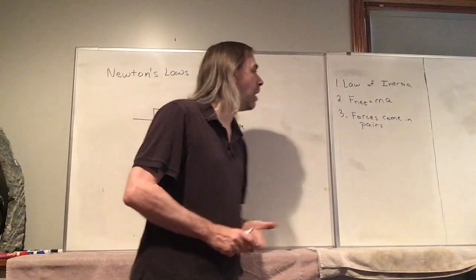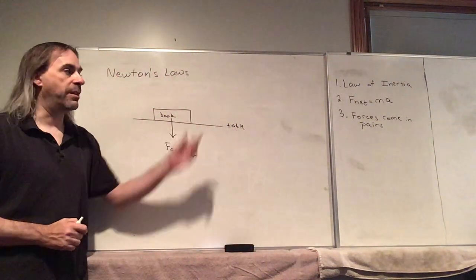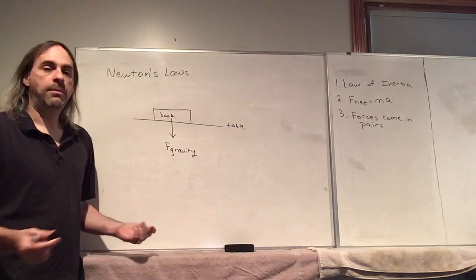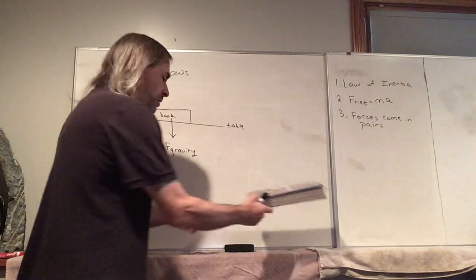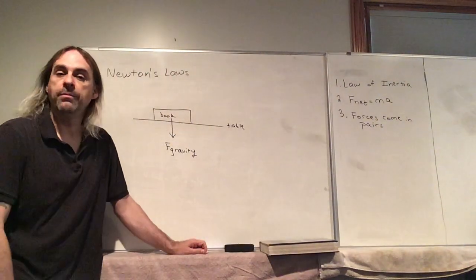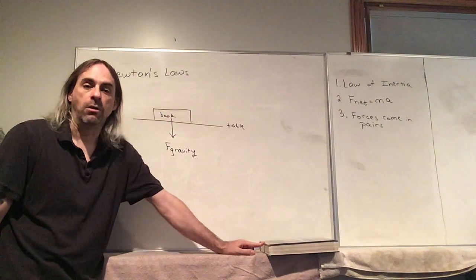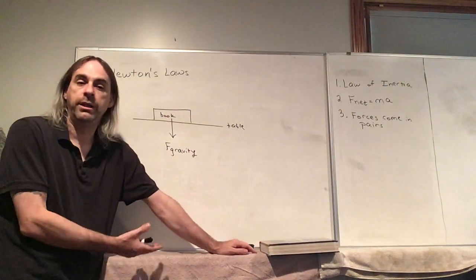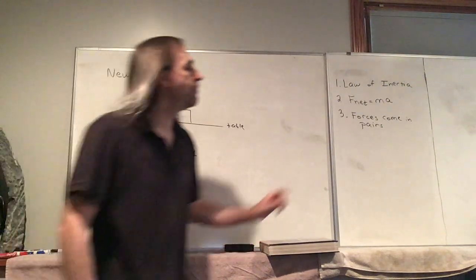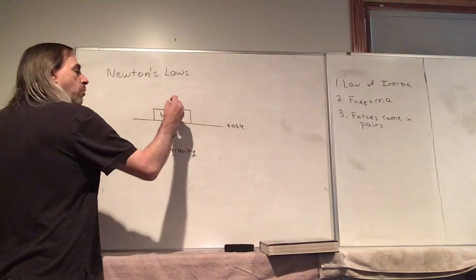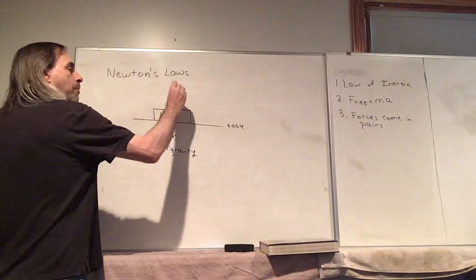Here's Newton's second law. The acceleration would just be the force divided by the mass. It would accelerate downwards. But it's not doing that. Here, we've got a book. It's just sitting there. And so the net force on this book has to be zero because it's not moving. It's not accelerating. And so if the acceleration is zero, the net force must be zero as well. So there has to be an upward force.